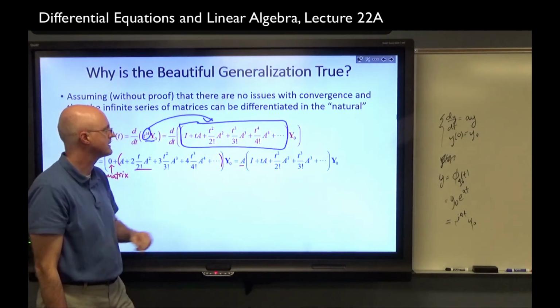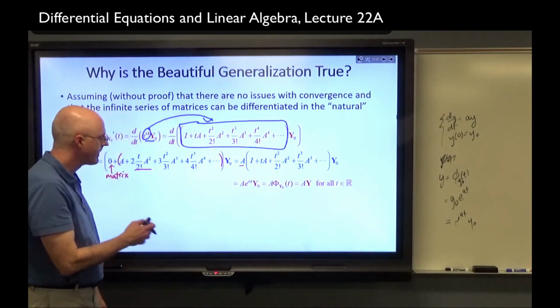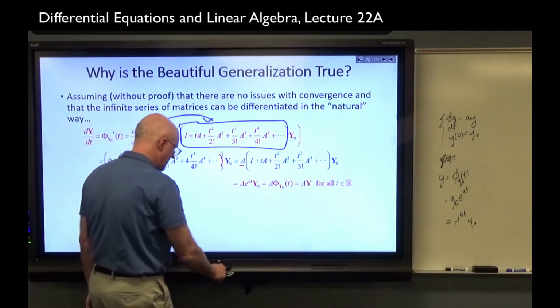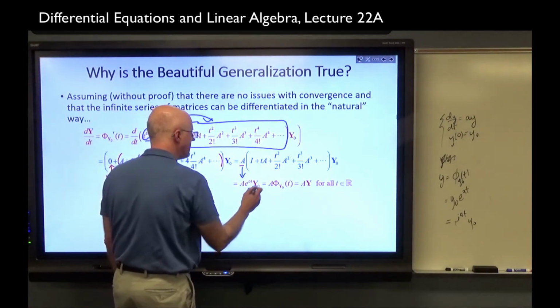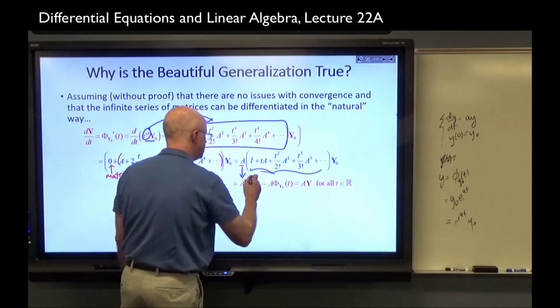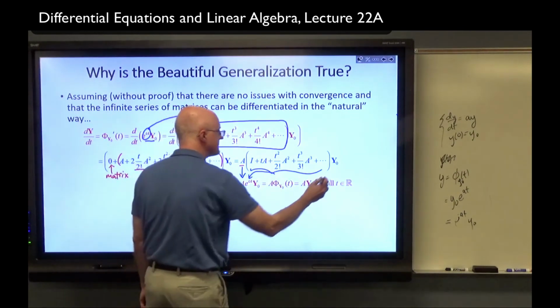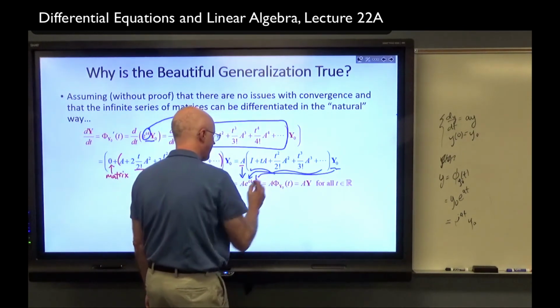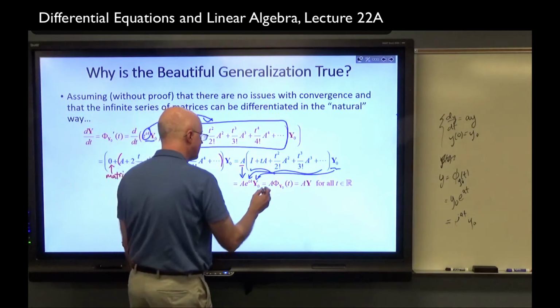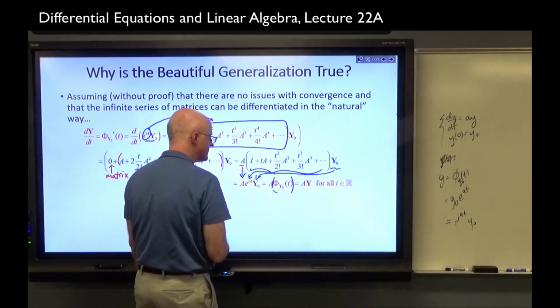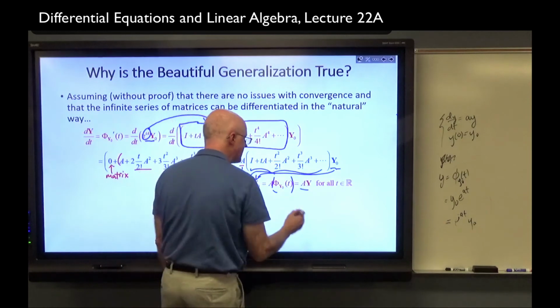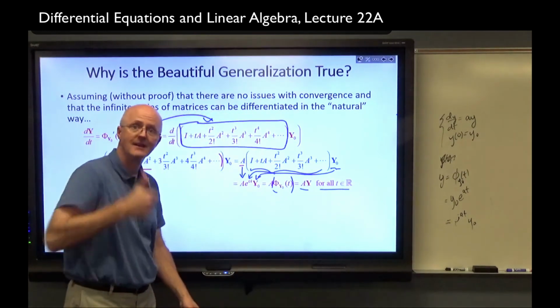Same kind of thing happens here to get this. And wait a minute. That's the same as A times e to the tA, the matrix exponential, times y0. Hey, that's A times the proposed solution function. It equals the right-hand side for all t. Done.